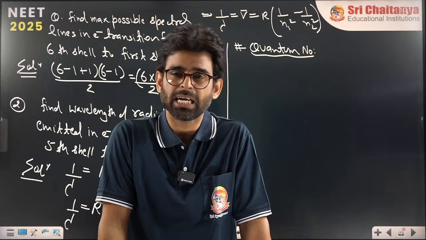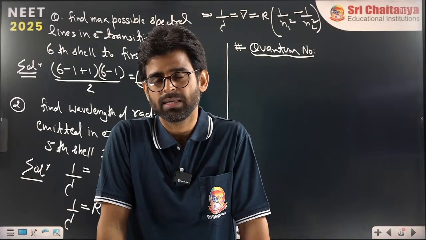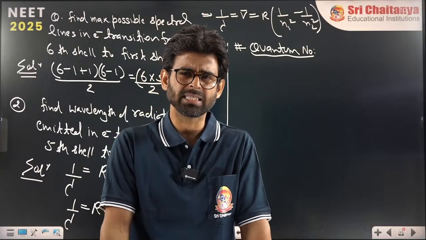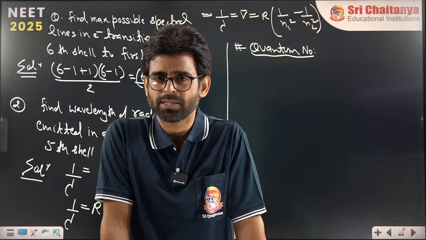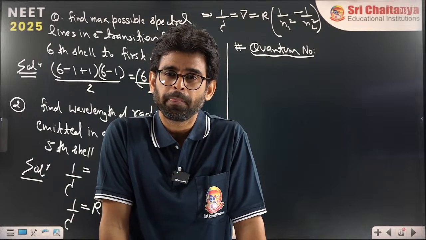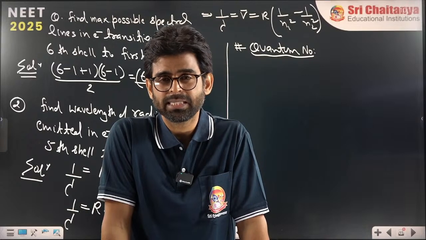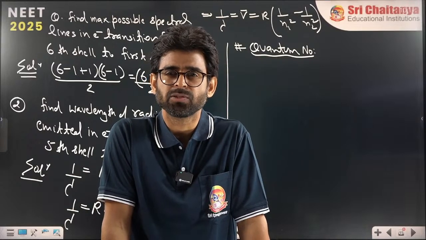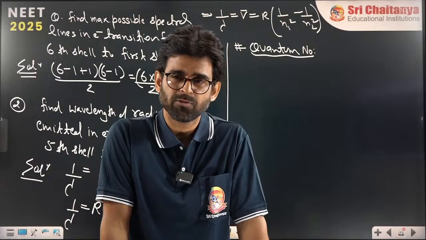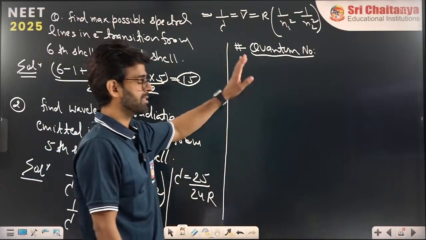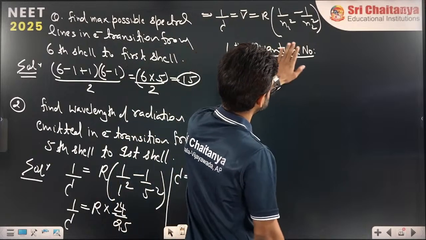The region where electron finding chances are more, we call it orbital, and where electron finding chances are minimum or negligible, we call it node, right? So psi square gives us the electron probability density at some point. Psi comes from Schrödinger wave equation. And the main thing which that model gives us is quantum numbers.